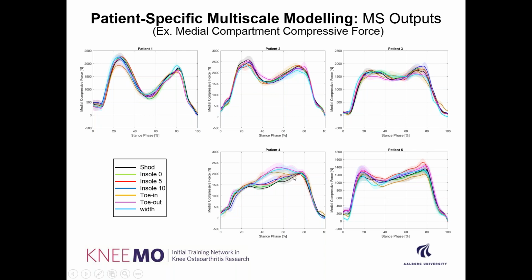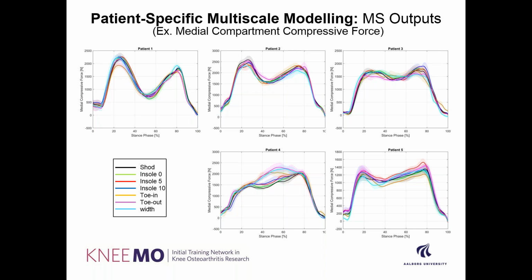And if you take a look at patient 4, there again, toeing in seems to be a good idea. If you take a look at patient 3, then toeing in has almost no effect. It has a tiny effect over here, whereas toeing out has a positive effect on this. So it's not a very clear response.